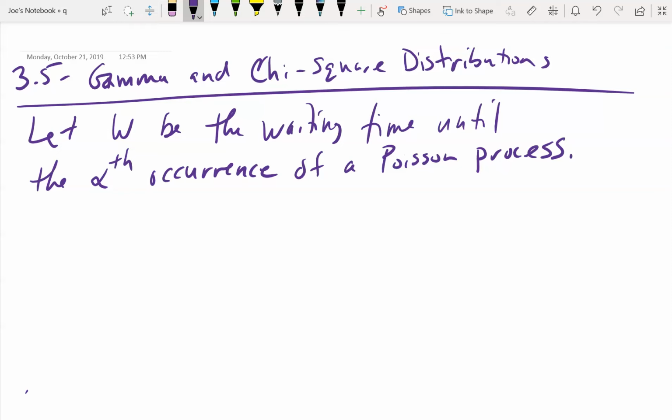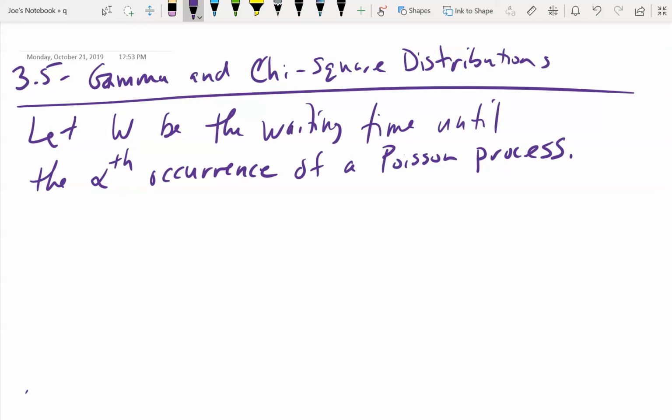This is saying, okay, not the first one, but maybe the 5th one, or the 20th one, or since we're going to do this in general, the 3.6th one, whatever that means. The alpha-th one occurs, okay? We're just generalizing this. So W is counting that waiting time until that alpha-th one occurs.